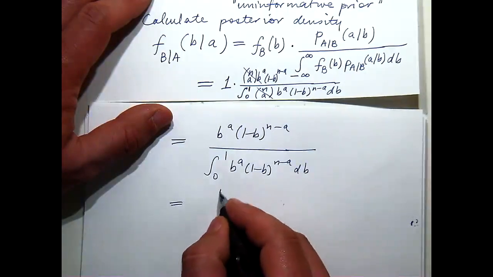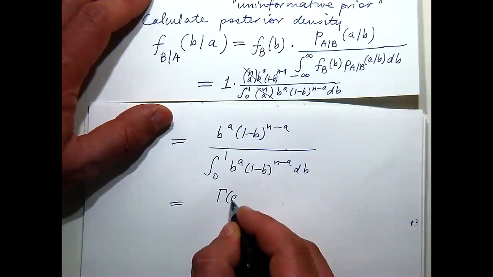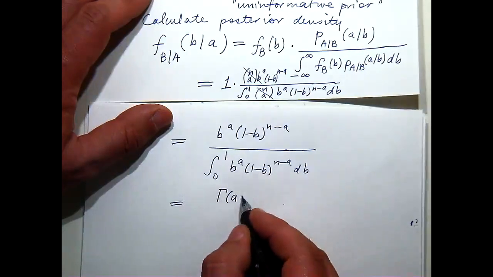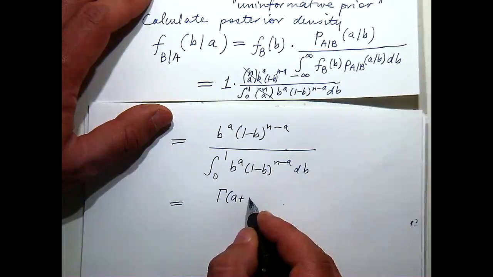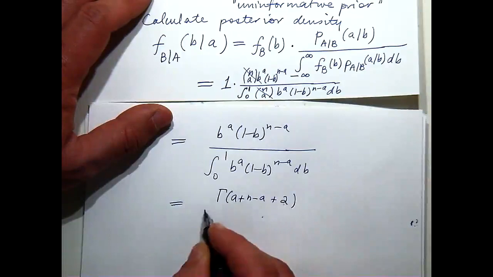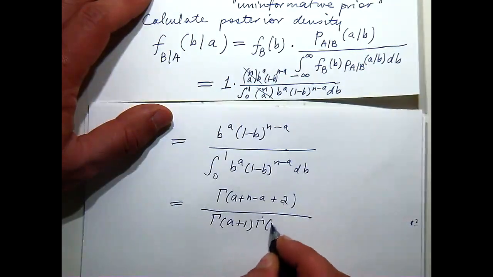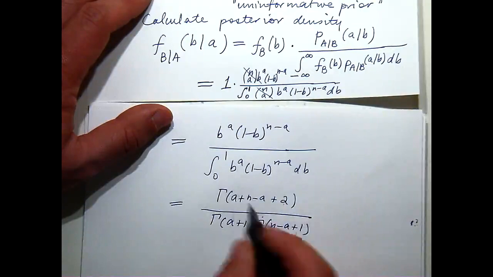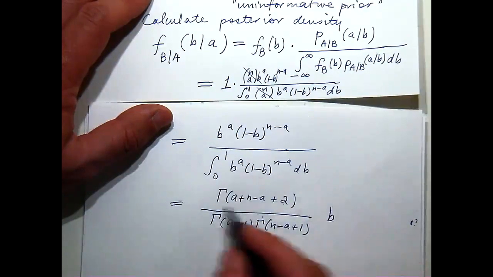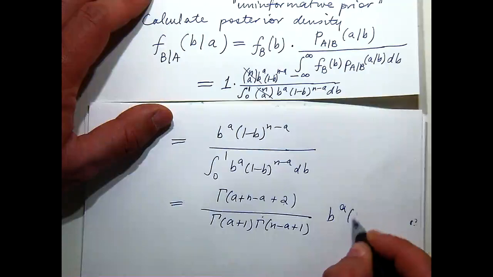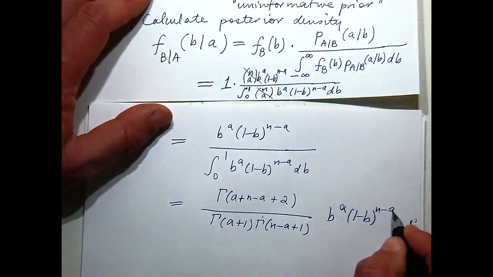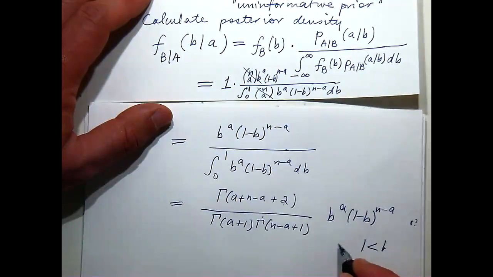Gamma of n plus 2 divided by gamma of A plus 1, gamma of n minus A plus 1, multiplied by, so that's the constant that's out in front, b to the A, 1 minus b to the power n minus A, of course for 0 less than b less than 1.